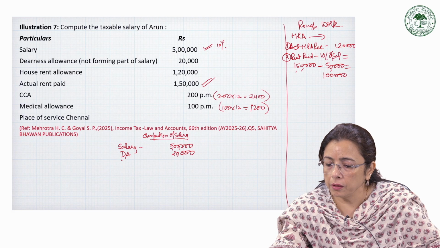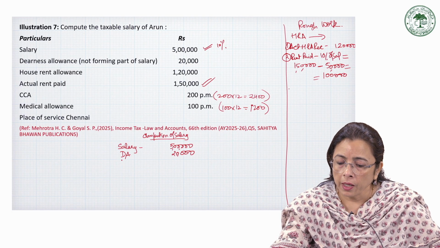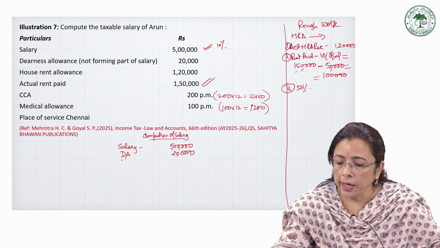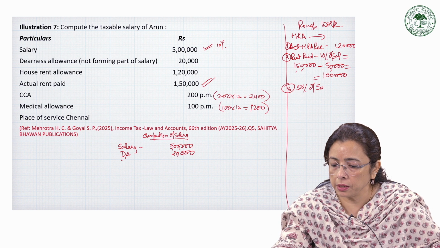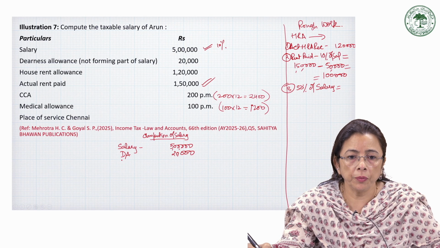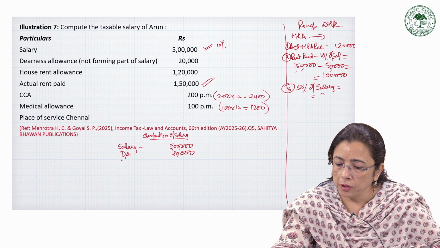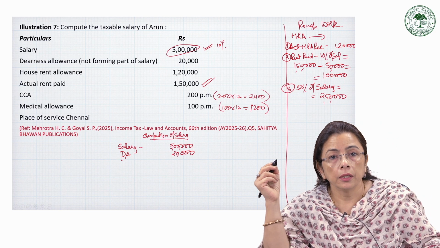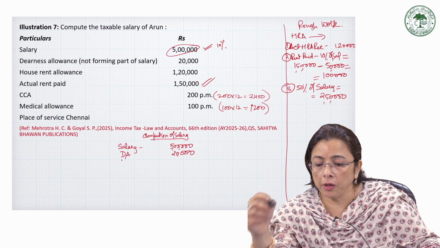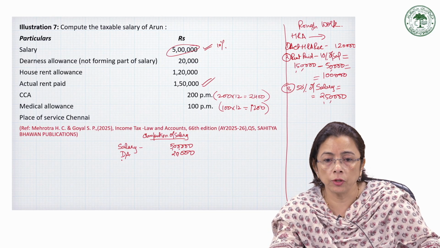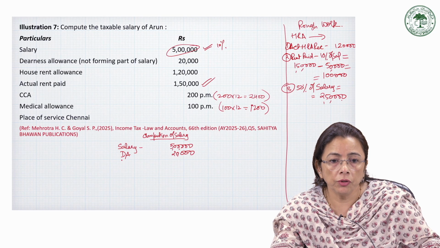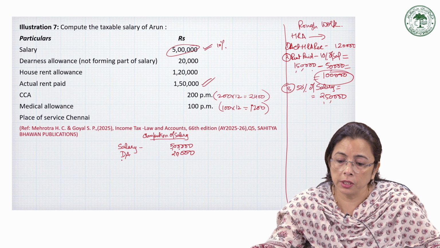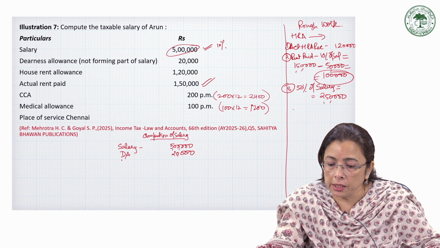So this will be 1 lakh. Then the third component is 50% of the salary, because he is living in Chennai and Chennai is a metropolitan city. 50% of the 5 lakh is 2,50,000. So we compare, the least is the exempted amount: 1,20,000, 1 lakh and 2,50,000. Out of the three, the exempt amount will be 1 lakh because this is the smallest figure.